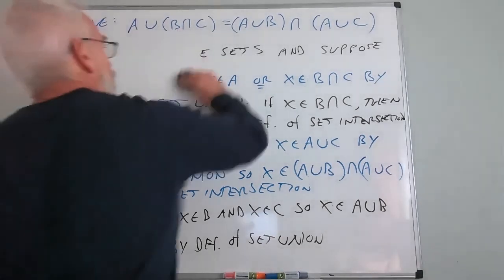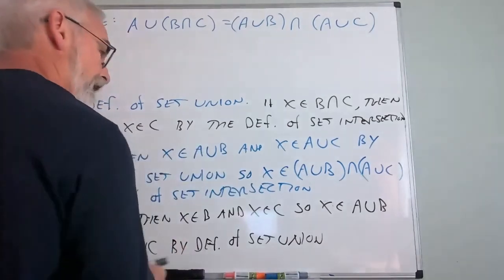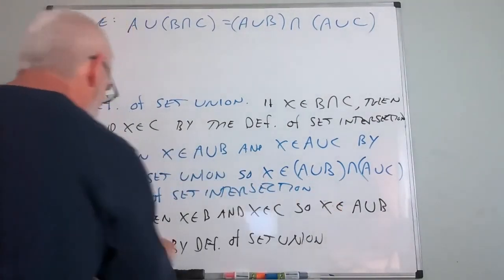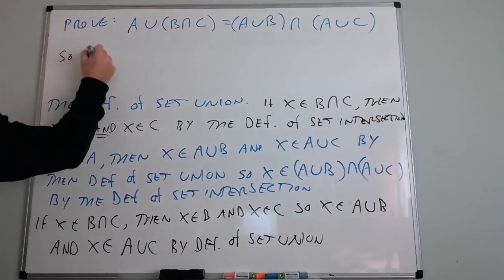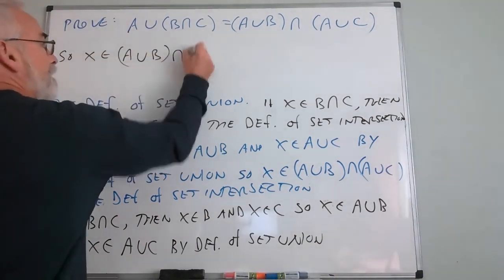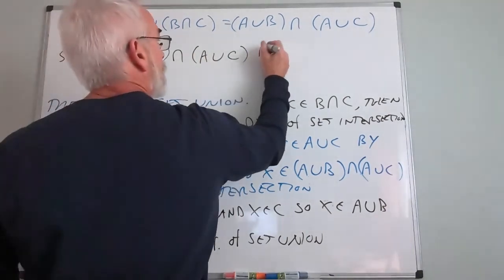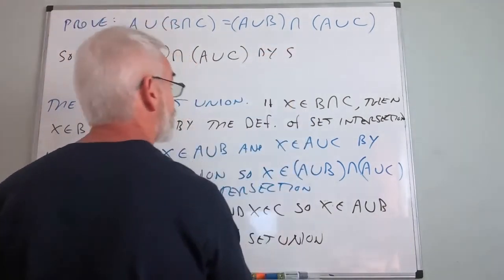I hate erasing. So after that last line, we've got X is in A union B and X is in A union C. So X is in A union B intersect A union C by definition of set intersection.